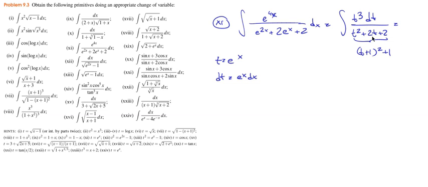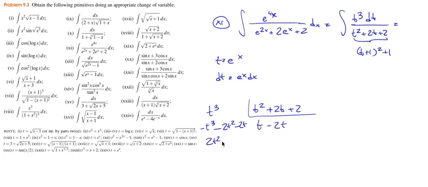So as before, we have to divide t cubed by t squared plus 2t plus 2. So let's see, this is t, right? And then we have minus t cubed minus 2t squared minus 2t, so we have minus 2t squared minus 2t, so the remainder is minus 2t squared minus 2t.